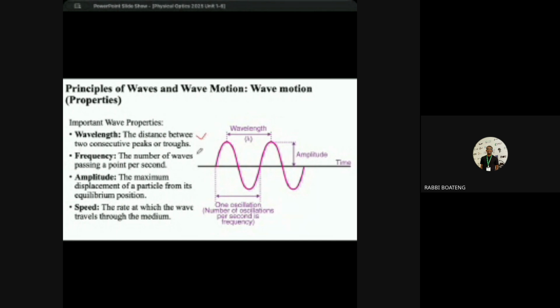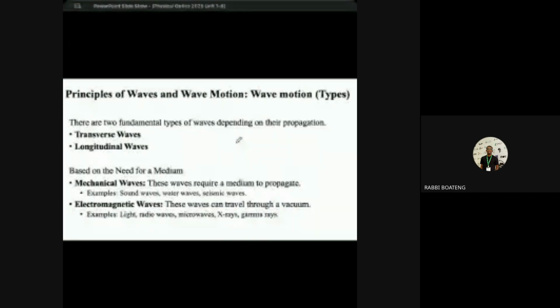One particular property is frequency. One particular property is the amplitude. One particular property is the speed. We will go through all these very soon. Like very, very soon. But I'll break now, then I'll come back.